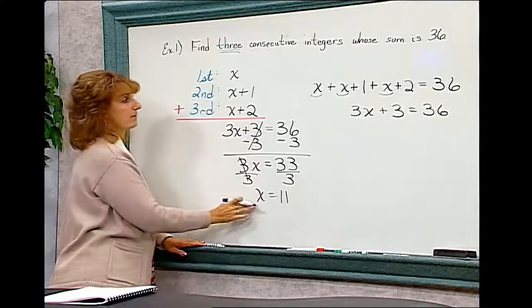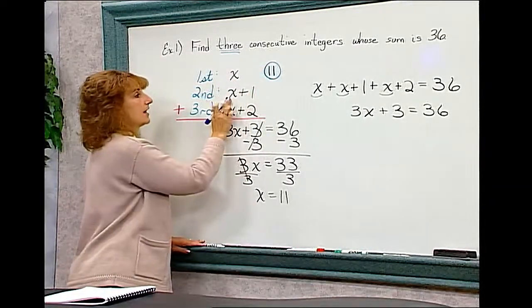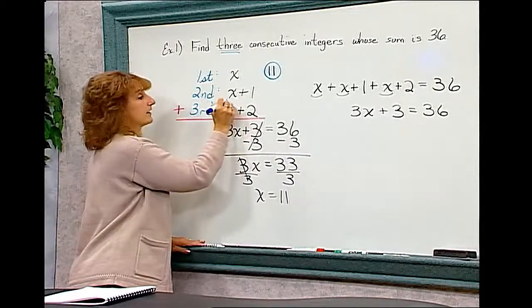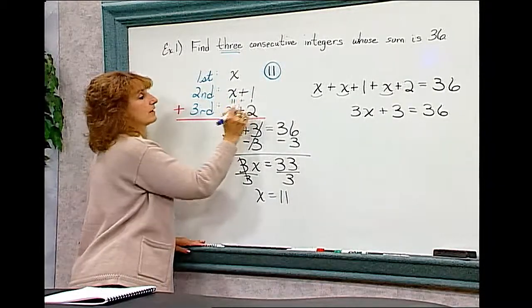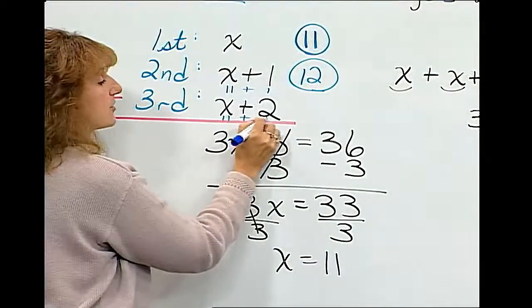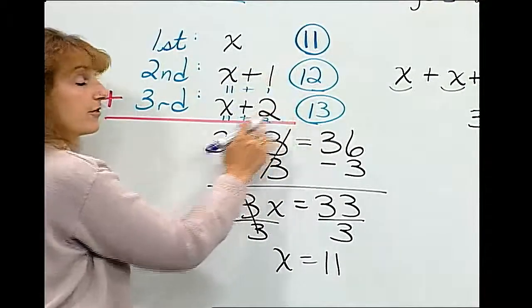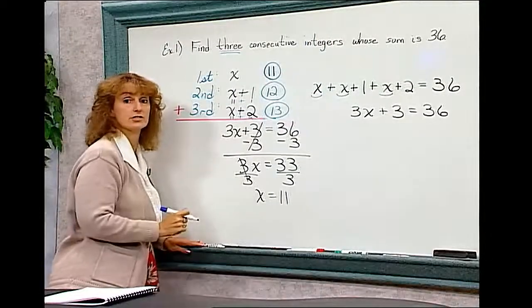If my first number is 11, 11 plus 1 is 12. 11 plus 2 is 13. 11, 12, 13 are consecutive integers.